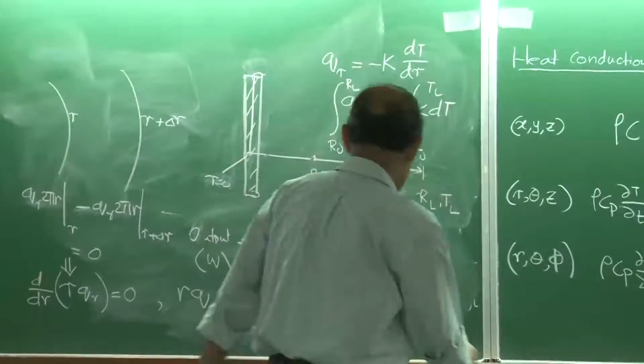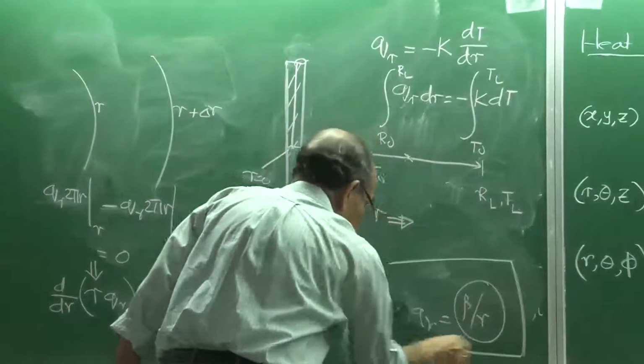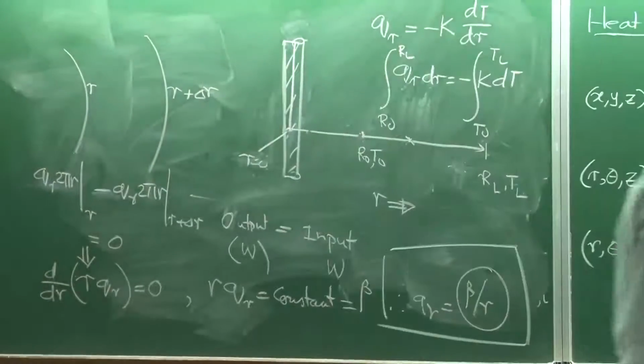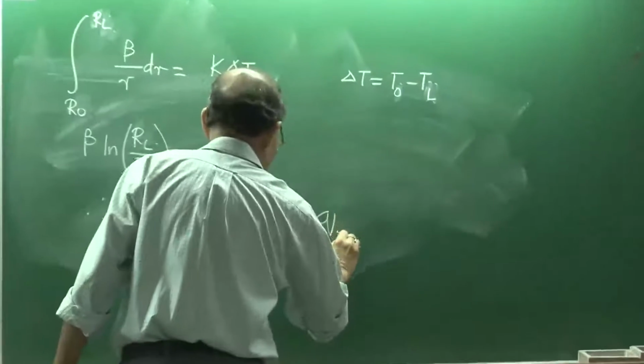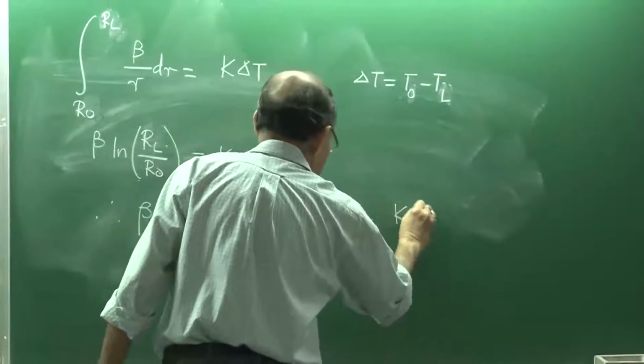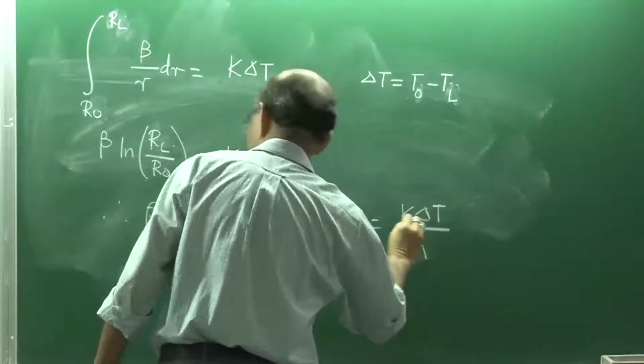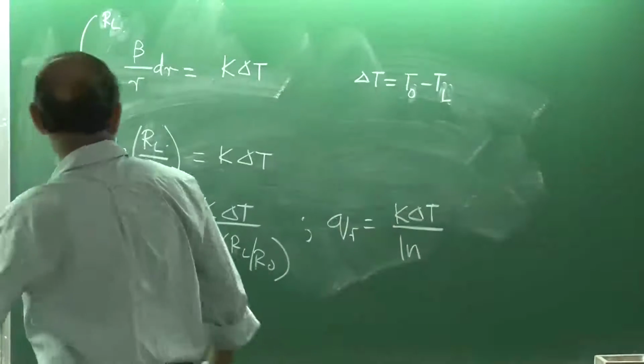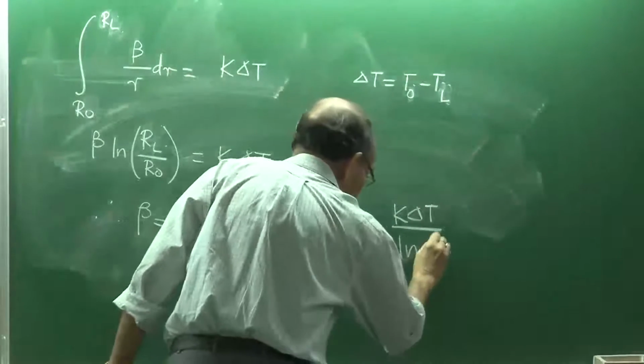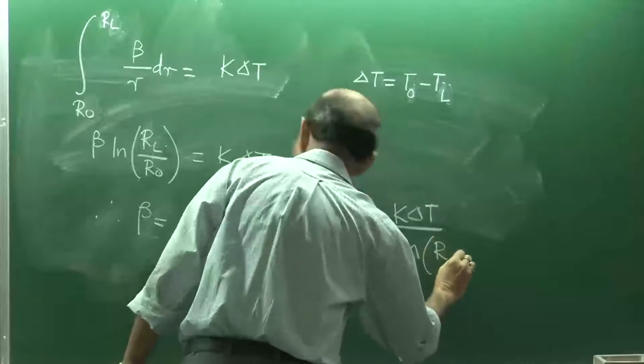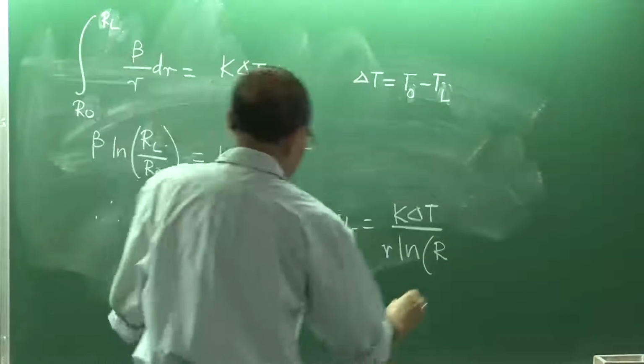So if I substitute into this, the flux expression can be, so q_r is going to be equal to k times delta T over r ln RL by R0.